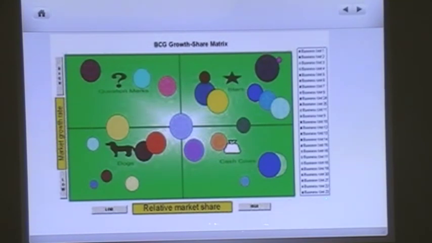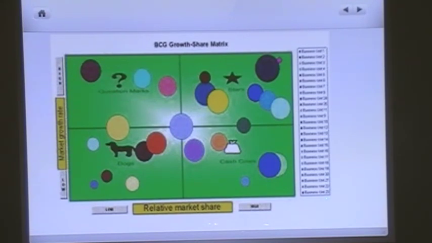This is a slide of how a BCG matrix looks, and the BCG matrix basically consists of 4 different quadrants. The first quadrant on the left hand side is your cash cow. The second quadrant on the right hand side, top corner, is stars. Then you have question mark, and then you have the dog state.